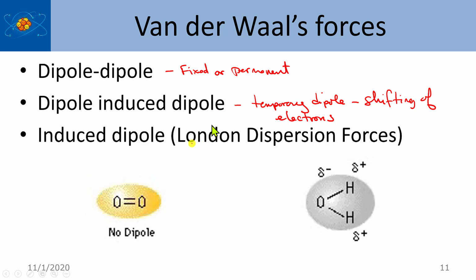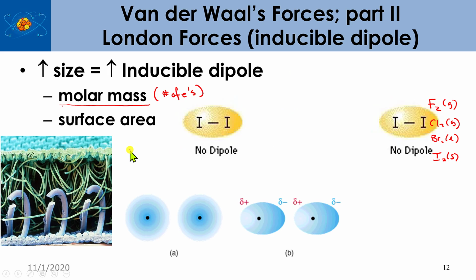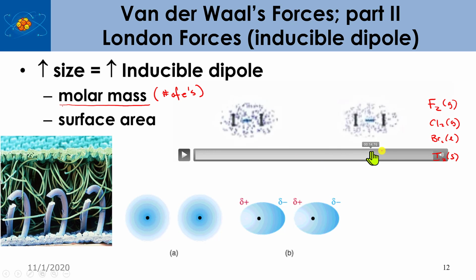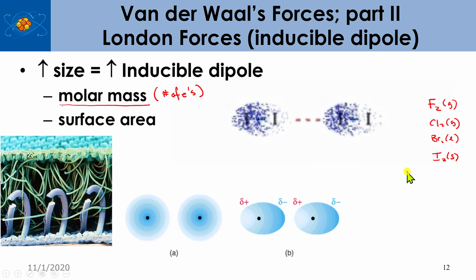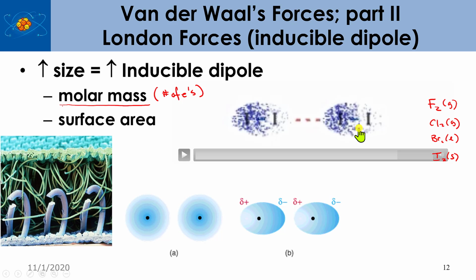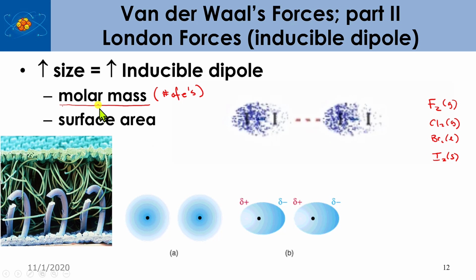And then there's the induced dipole, and this is just interactions between electron clouds which eventually force a molecule to have a distortion in the electron cloud, which then allows them to be attracted to each other. And this one is a little trickier to look at because it depends on the molar mass and also the surface area of the contact. In general, longer molecules have more contact surface area than do small and bulky molecules, and so they will have higher intermolecular forces.